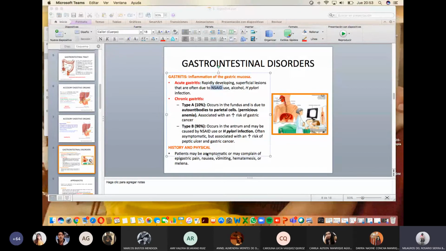The patient in this case, the location of the pain is basically in the epigastric region, and then it can radiate to different parts of the abdomen. It can be also associated to nausea, vomit, hematemesis, and melena. So do you guys know what hematemesis is? Let's see, Daniela Calderón.